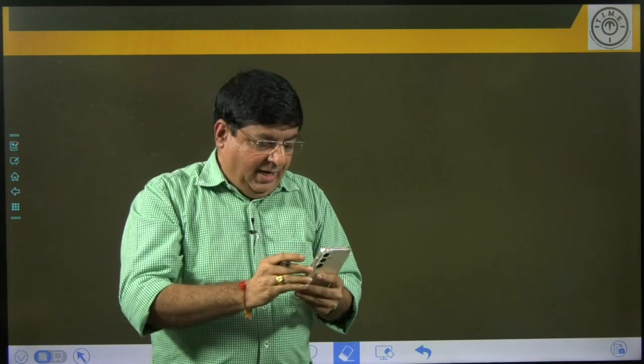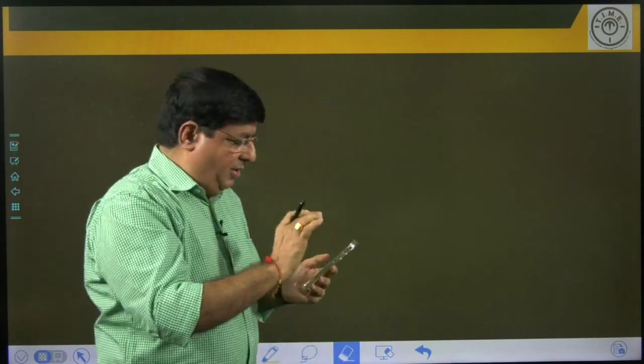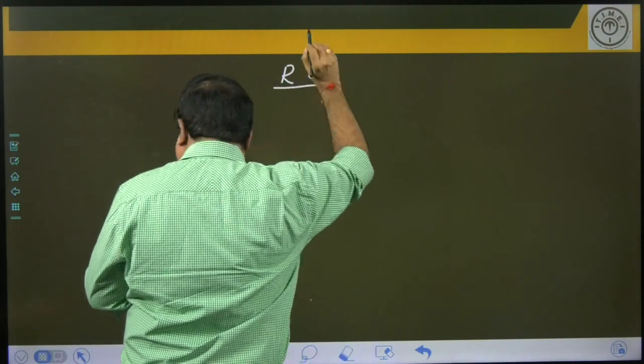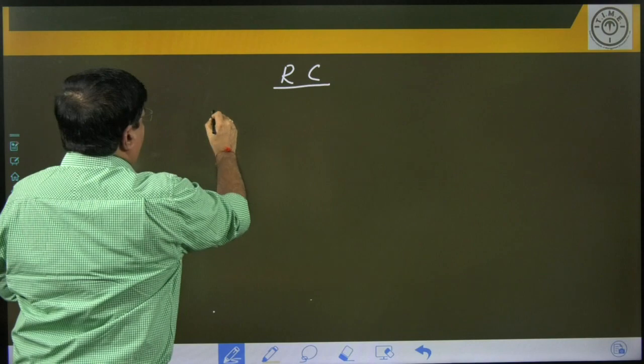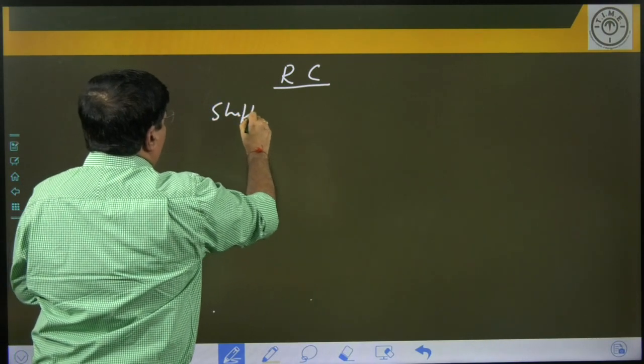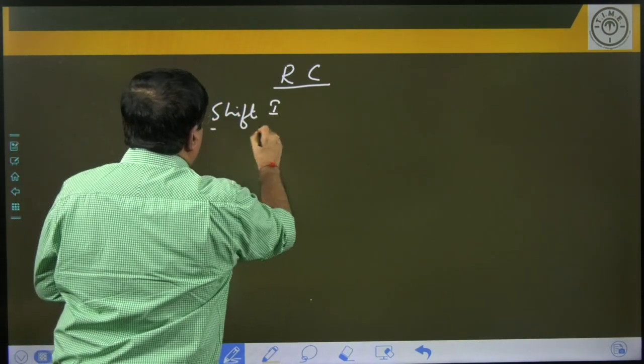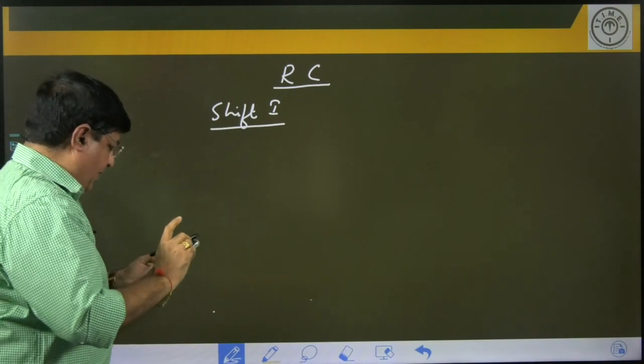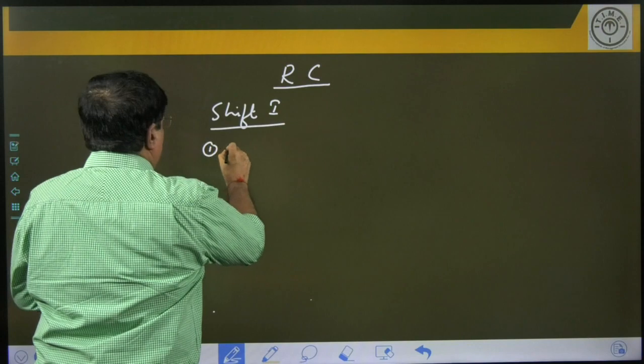Okay. Now let's look at reading comprehension. Reading comprehension shift 1 lo 4 passages were there. One was on education.